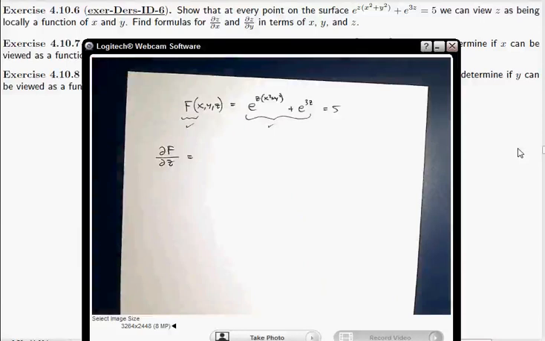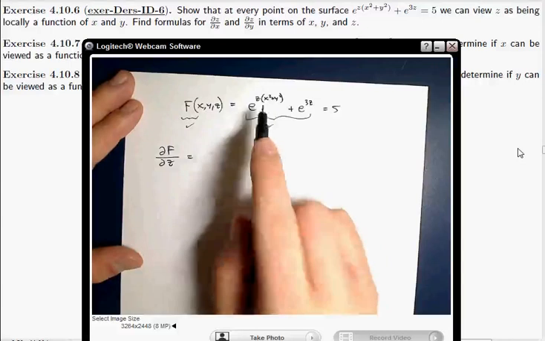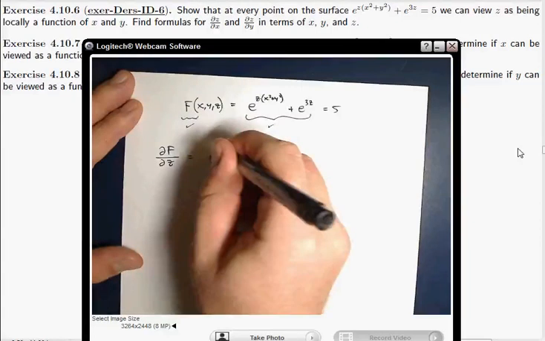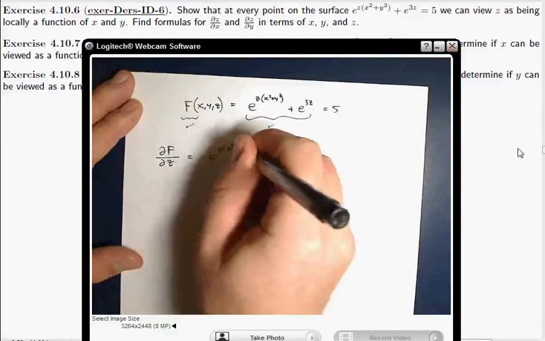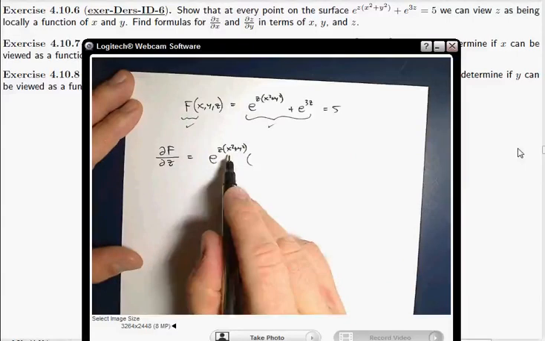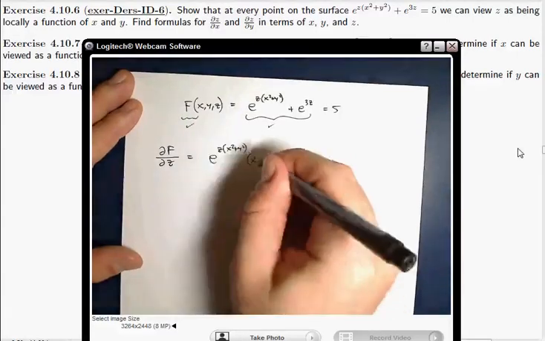Okay, the partial with respect to z of that is, well, it's this exponential, so e to the z times x squared plus y squared, and then times the derivative of this exponent with respect to z, which is x squared plus y squared.